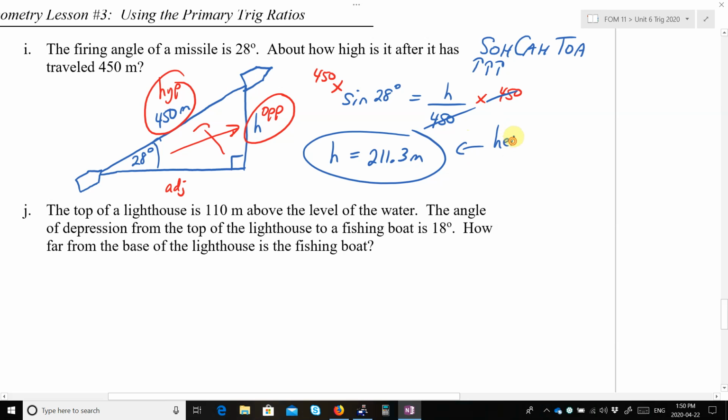Okay, so this is height of missile after traveling 450 meters.